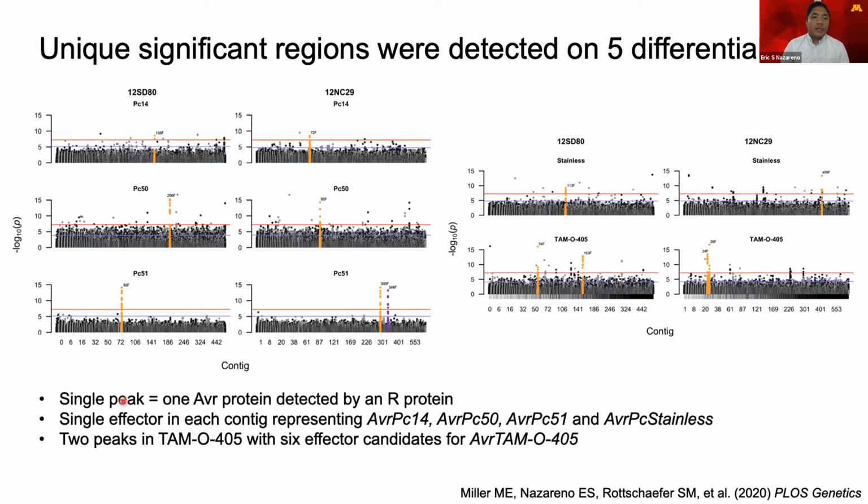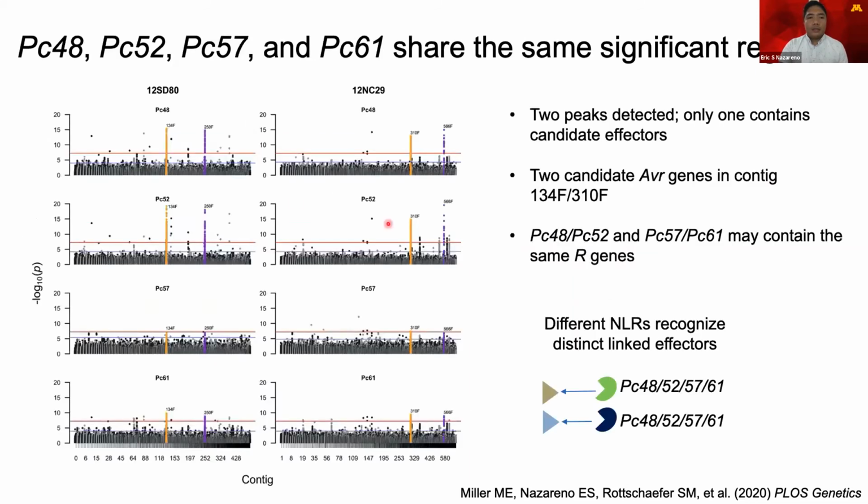The detection of a single peak is consistent with an AVR protein that is being detected by an R protein. And for TAM0405, there are more candidates because probably this differential line contains more resistance genes. And we have this group of differential lines, PC48, 52, 57, 61.